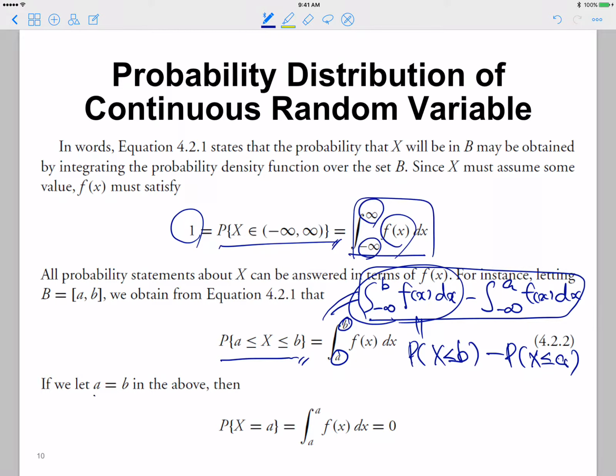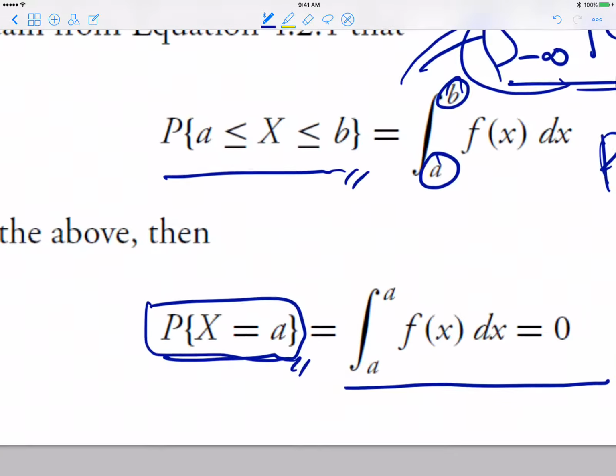And then if we set a and b equal, such a probability is represented by this, because a and b are the same.